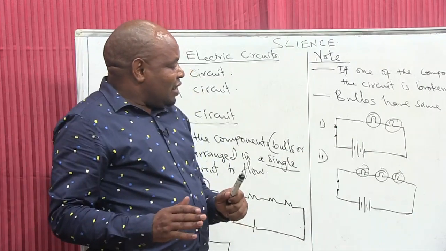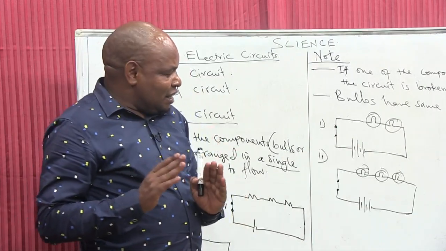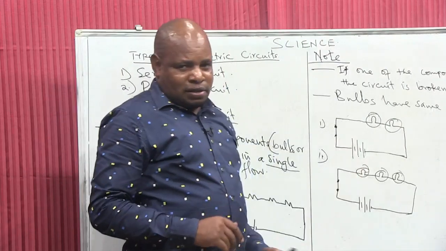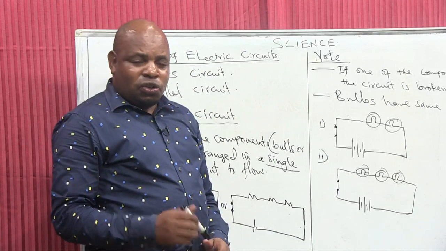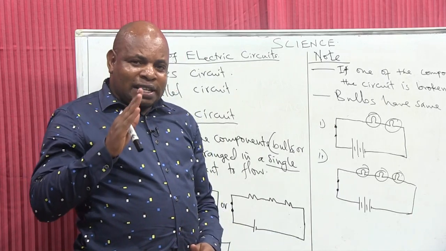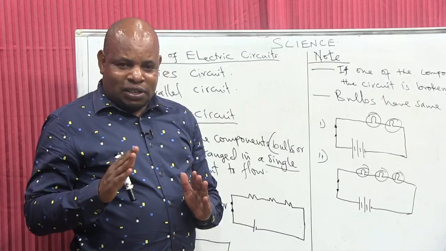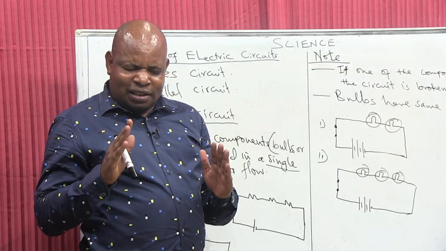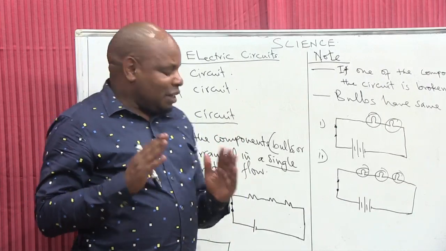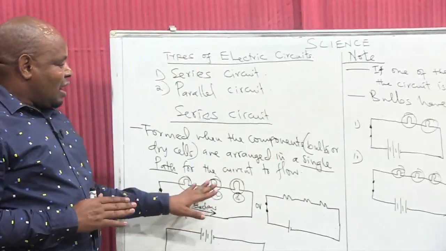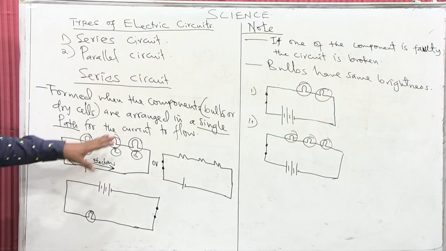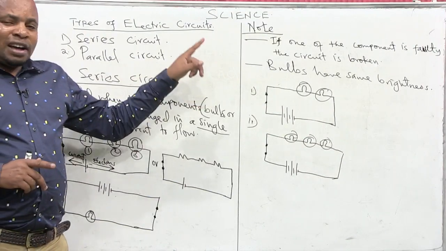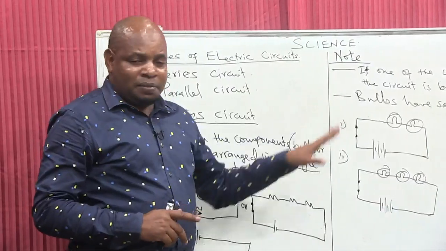That's why there is a difference in brightness. So those are the only things which can change the brightness in a series circuit. But if other conditions remain the same, the brightness has to be the same.